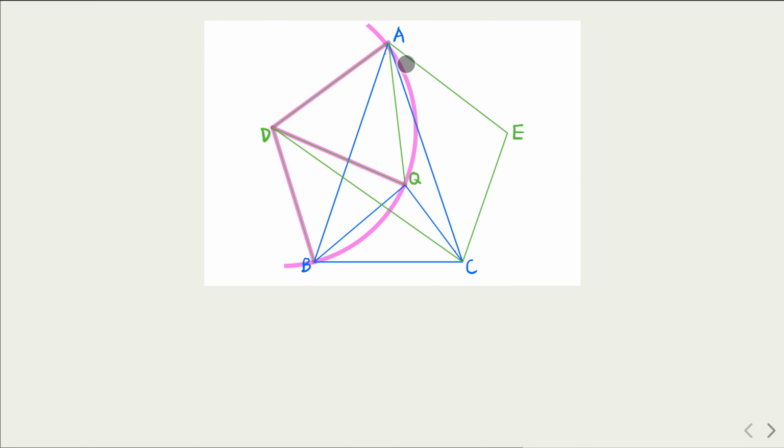Now by looking at the vertex angle here, ABQ is going to be half of the inner angle here, ADQ. What is ADQ? It's 60 degrees by construction. So ABQ equals half of ADQ, so ABQ is 30 degrees.